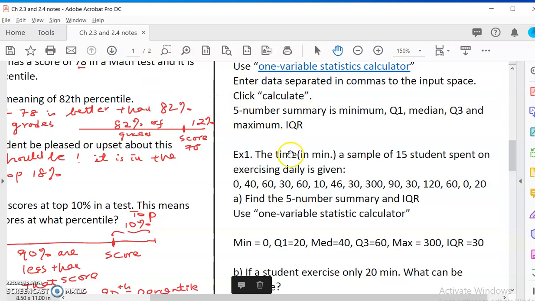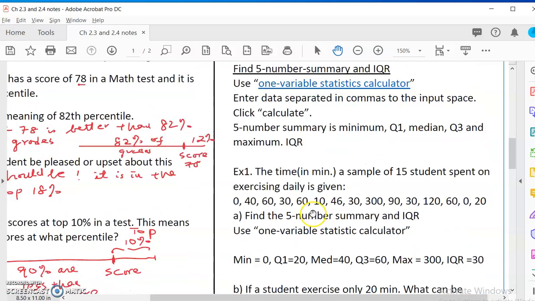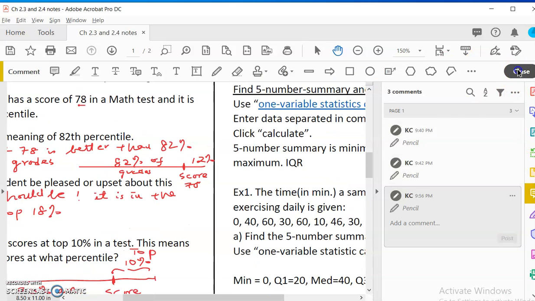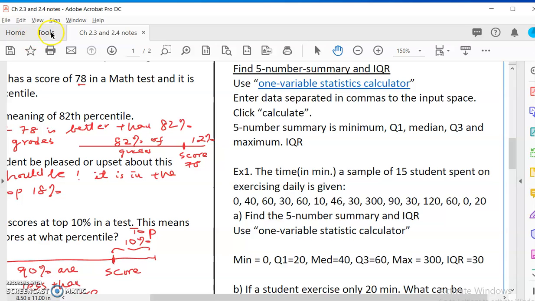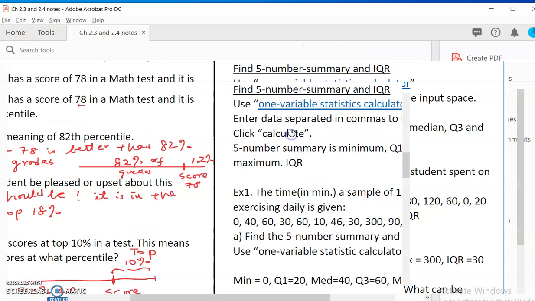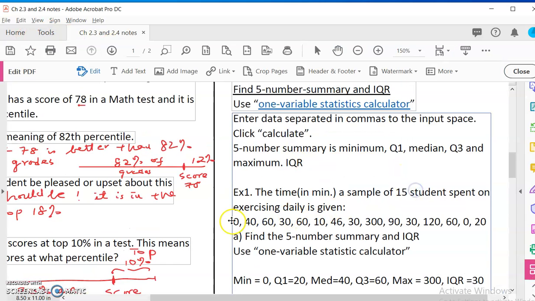Earlier I could do it, but now I cannot. I already closed the comment, so maybe if I choose edit, it will let me copy and paste. Oh, yeah. Okay, I think it's better.